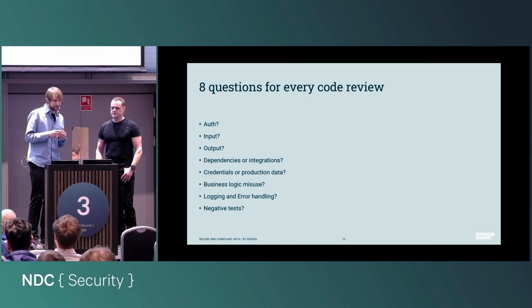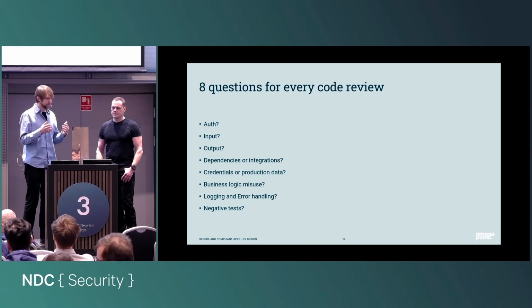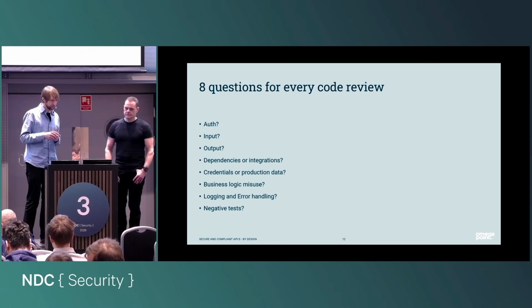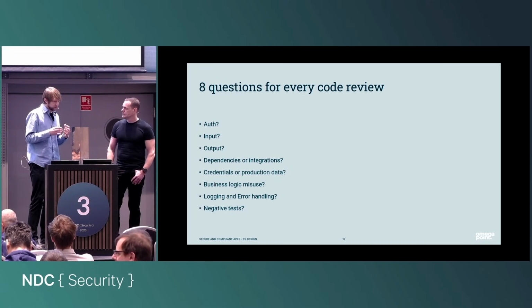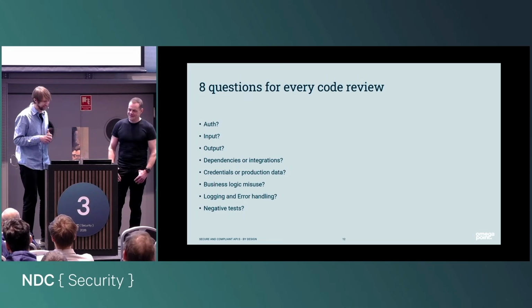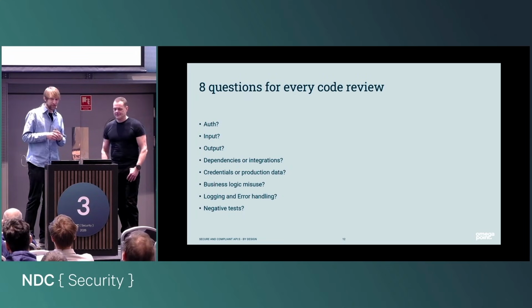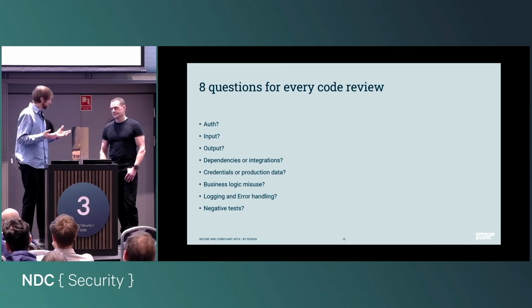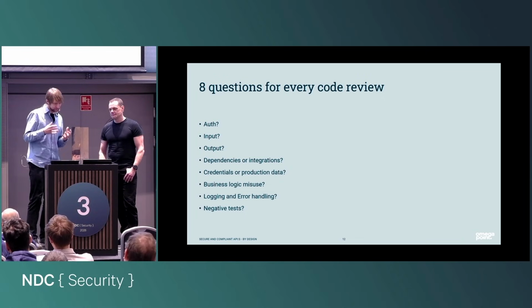And then, are there any new dependencies or integrations introduced with this change? Really important to investigate. And also, can we find something that isn't code that shouldn't be there, like credentials or production data in unit tests, for instance? So it's important to not commit or push that.